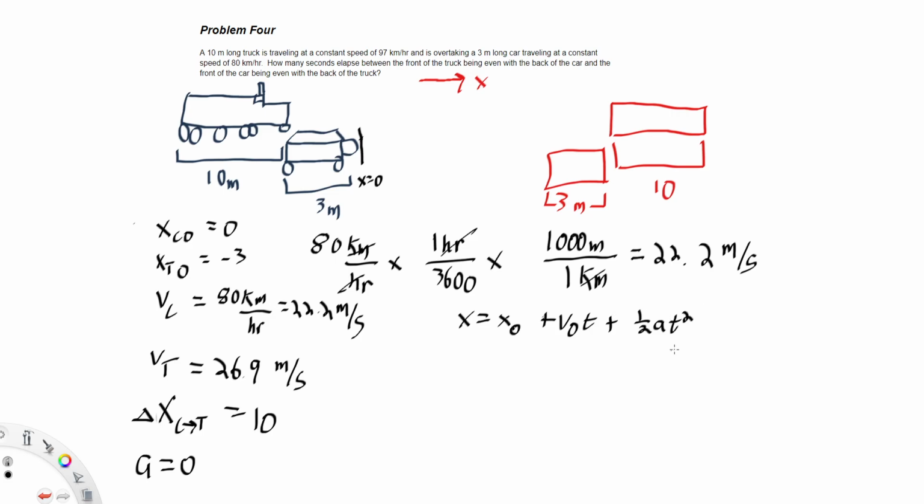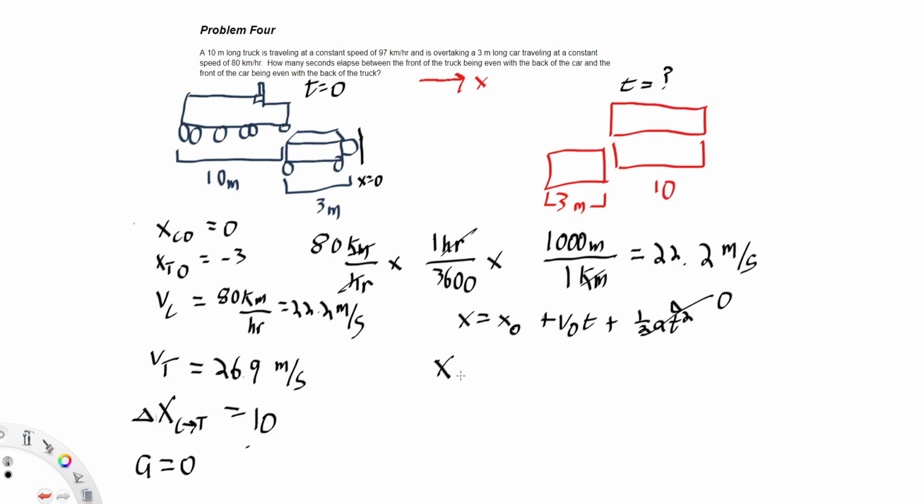In this case, for both vehicles, the acceleration is 0, so this term goes away. And what we're actually looking at here, right? So if this is time equals 0, and this is just time equals something, we want to work with the difference between these two.